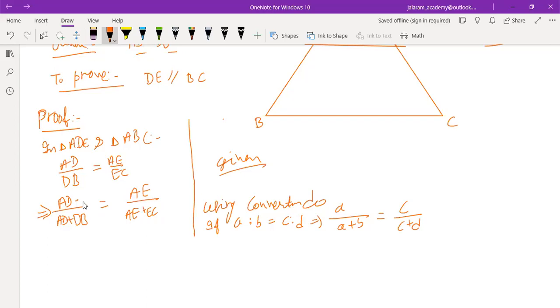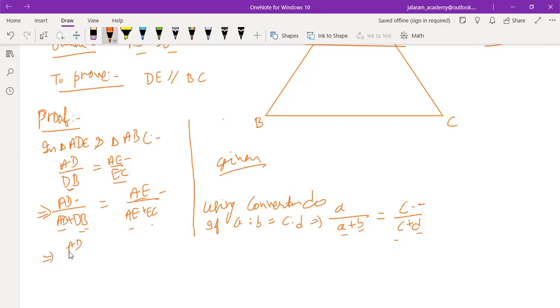In place of A, it has AD. In place of B, it has DB. So A plus B means AD plus DB. And in place of C, we have AE. In place of D, we have EC. So C upon C plus D means AE upon AE plus EC.